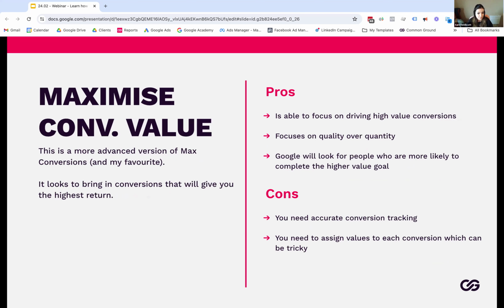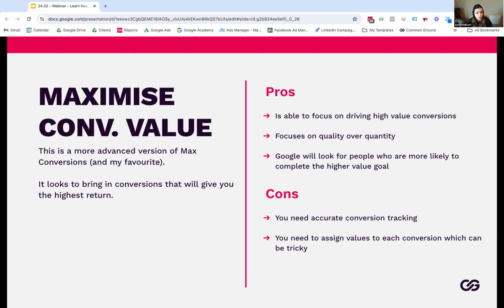Next is maximize conversion value, and this one is my favorite, so slightly biased, but it looks at bringing in conversions that will give you the highest return. So with this, you can really drive high value, high priority conversions. This may be if you are tracking 2 conversions, a brochure download versus a book a demo.